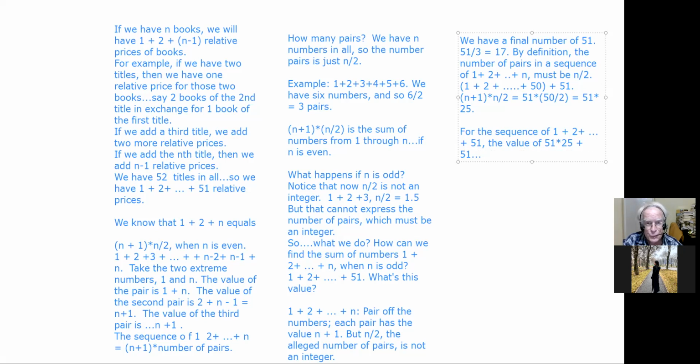And then notice that this is equal to 51 times 25 plus 1, or 26.